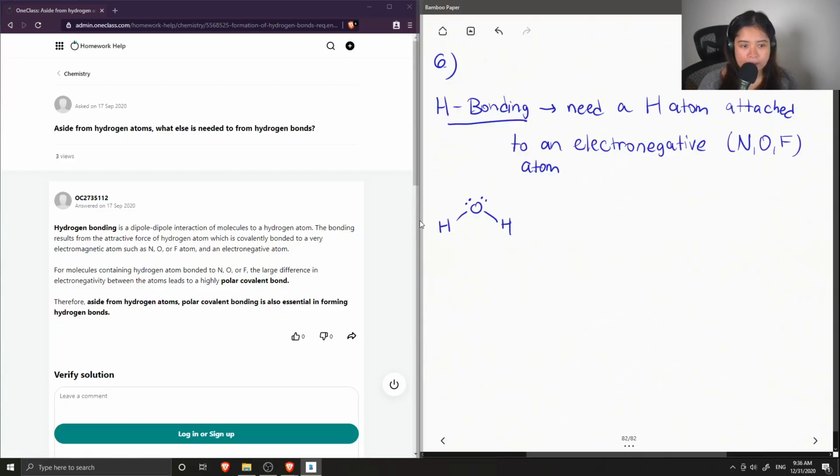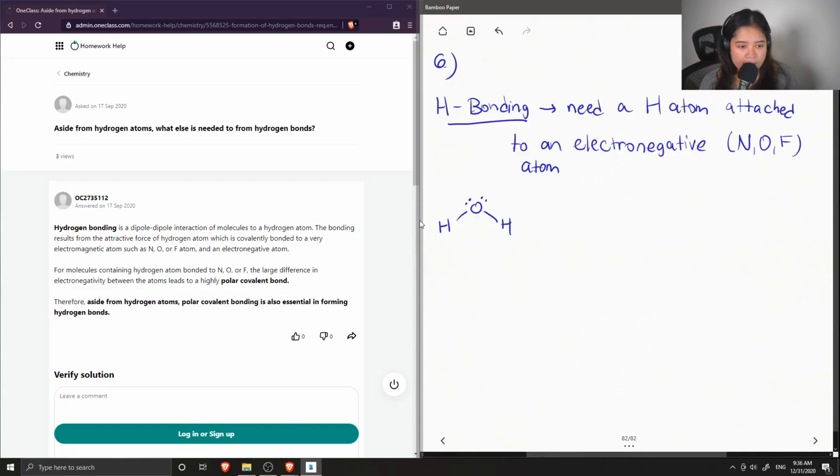But also, oxygen is much more electronegative than hydrogen is. So it will pull the electrons. It has an uneven share of electrons in the bonds with hydrogen.